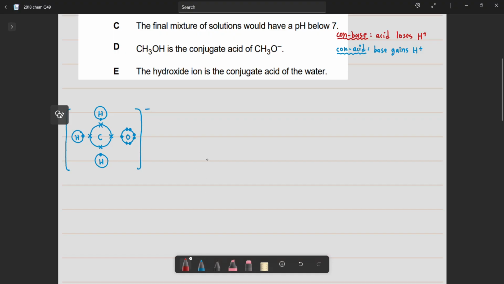Now we have here water, which acts as an acid. It has two lone pairs of electrons and the electrons involved in bonding.